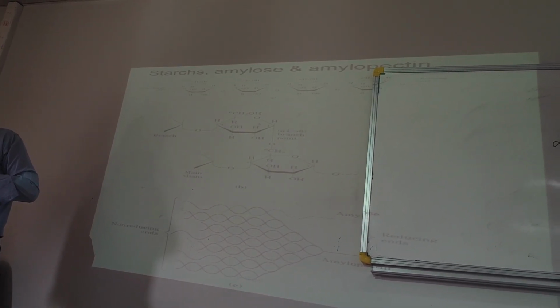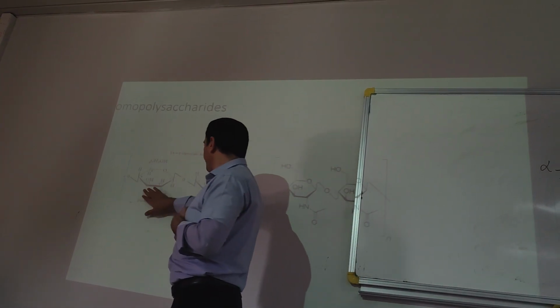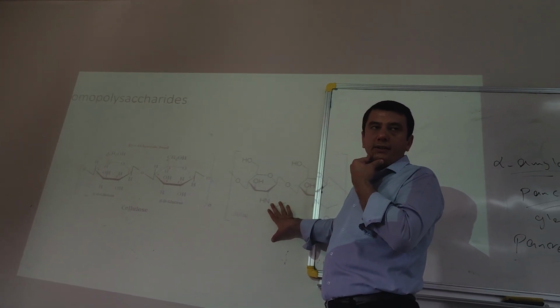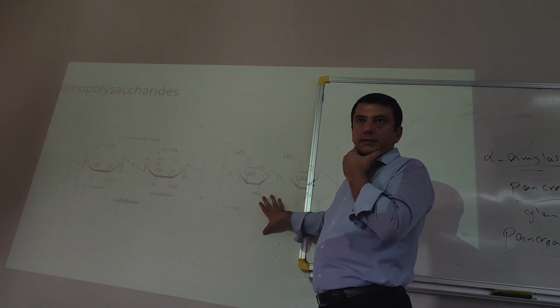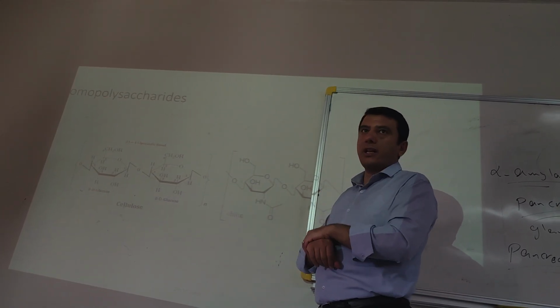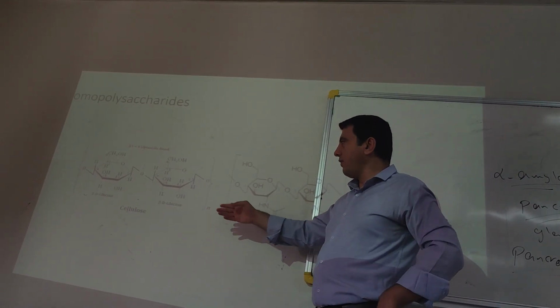Let's give you some examples. Cellulose and chitin: both of these sugars are structural. Which of them is structural and which is storage, chitin or cellulose?